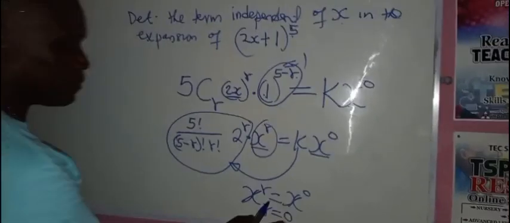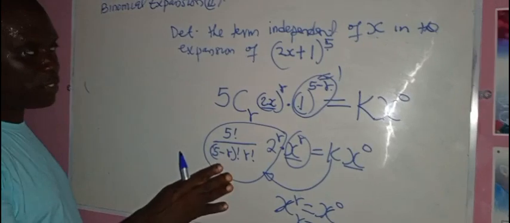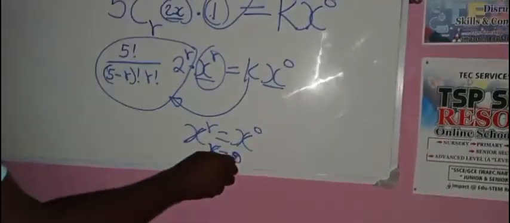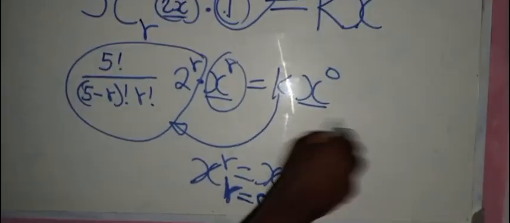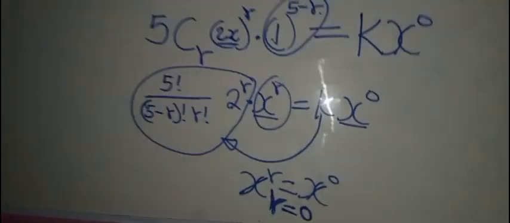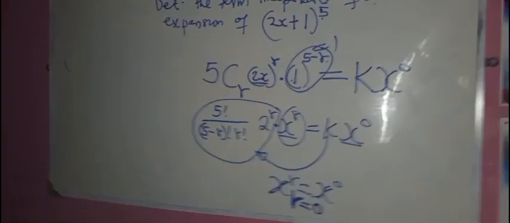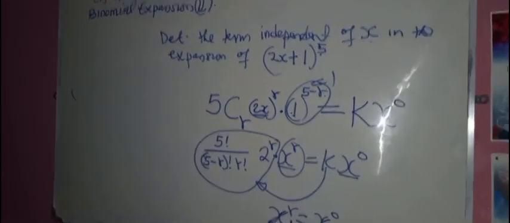So you remember that in combination, the r means it is the 0 term. It means that there is a 0 term, that means it doesn't exist. So the answer there is none. It's none, because for us to get r equal to 0. So please, if they say independent of x, just let that term be equal to r, use combination, then you use this to get that solved.